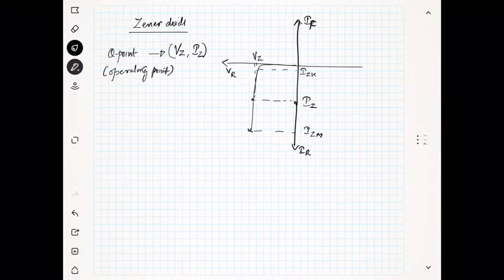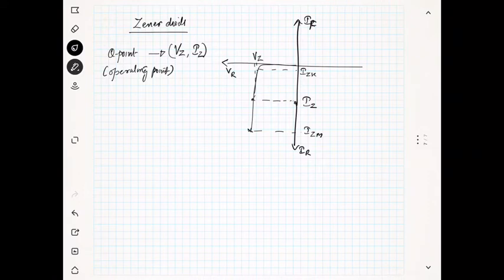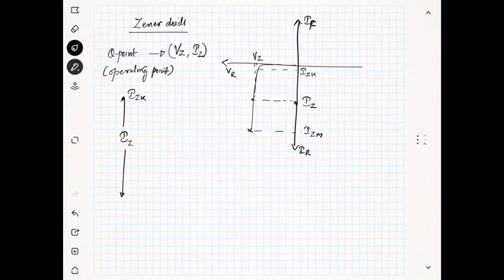Okay, this is the reverse voltage. Now that means the current can change from Iz, it can go to a minimum of Izk and to a maximum of Izm.